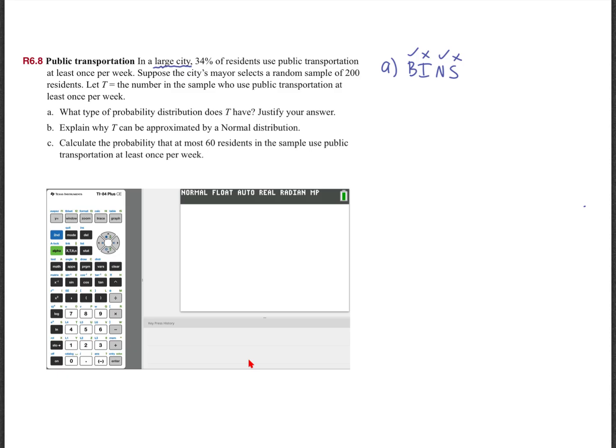So we can say that 200 is less than or equal to 10% of the population in that city. And notice, as long as the population is greater than 2,000, this will be true. So we're assuming that is true. So it passes the 10% condition. So we can say it's approximately binomial.